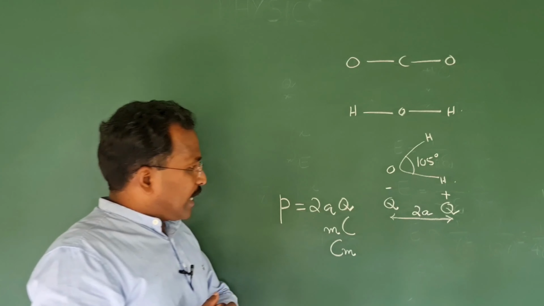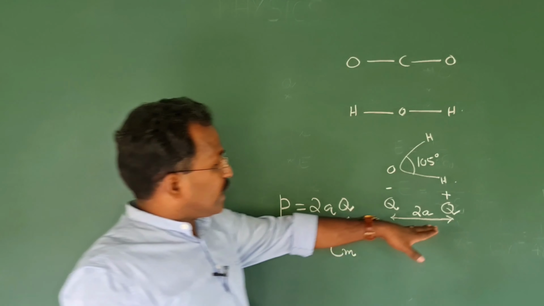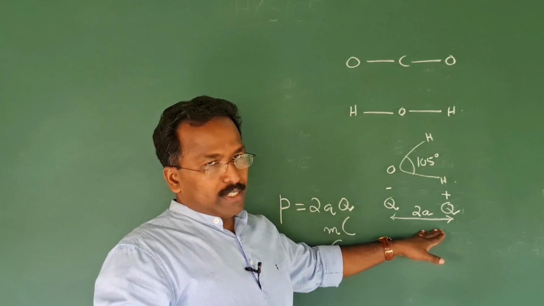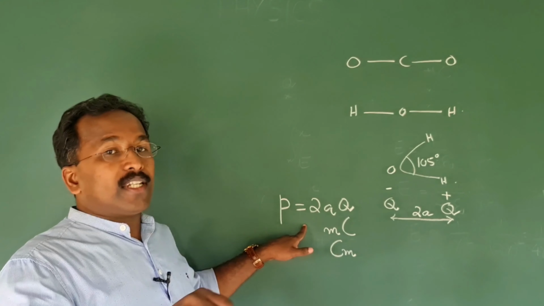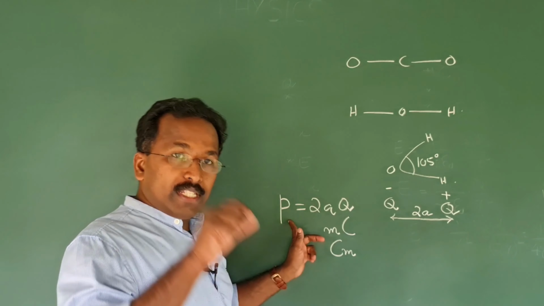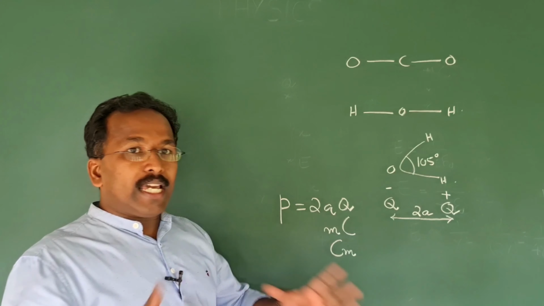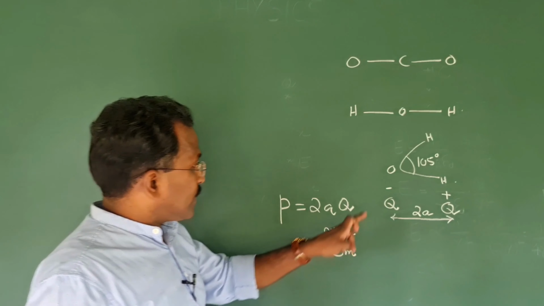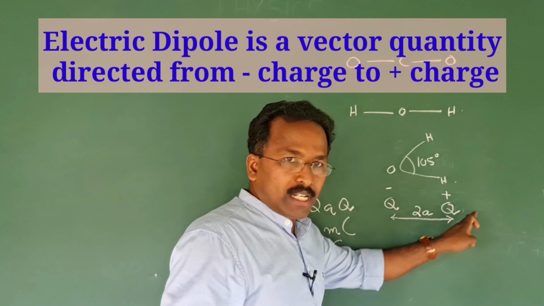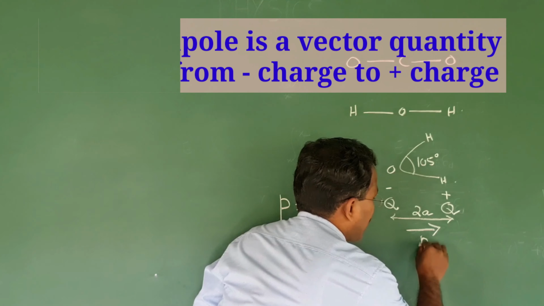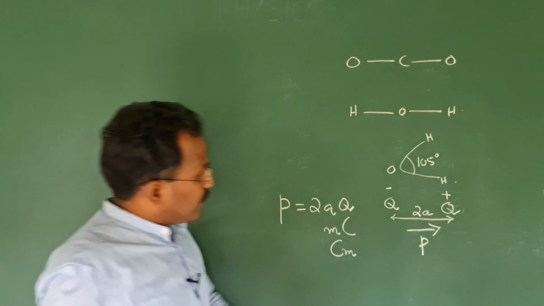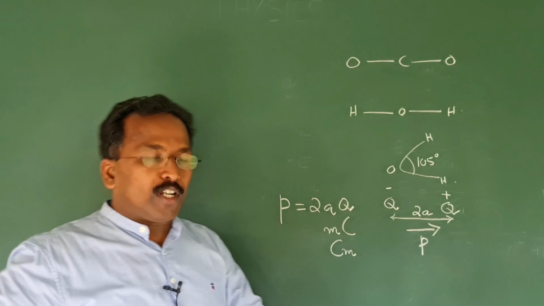The orientation of this dipole is also important, so we make this quantity a vector quantity. Dipole moment is a vector quantity, and the direction we assume for it is from the minus charge to the plus charge. You may copy that into your notebook.